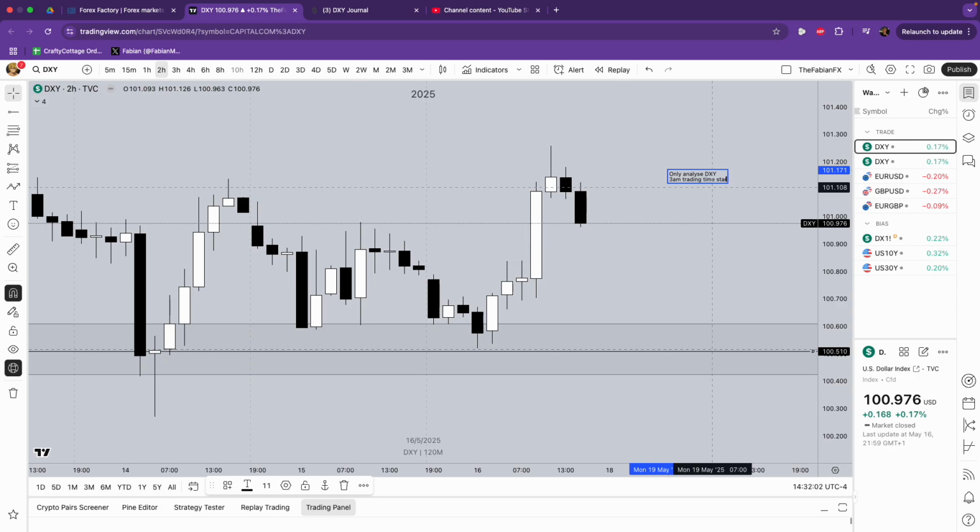Another thing I've learned, once it hits 11 a.m. New York time, you want to just stop trading. If you're in any positions and your TP hasn't been hit, I understand that, and you can continue the trade.